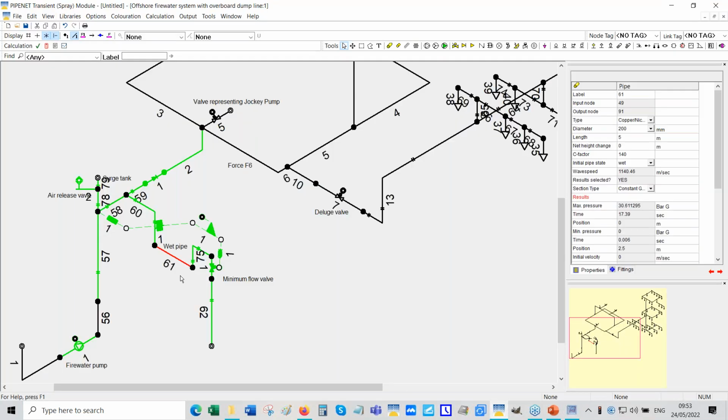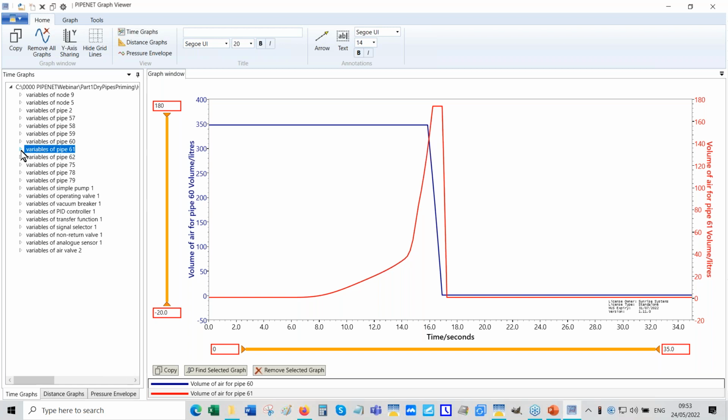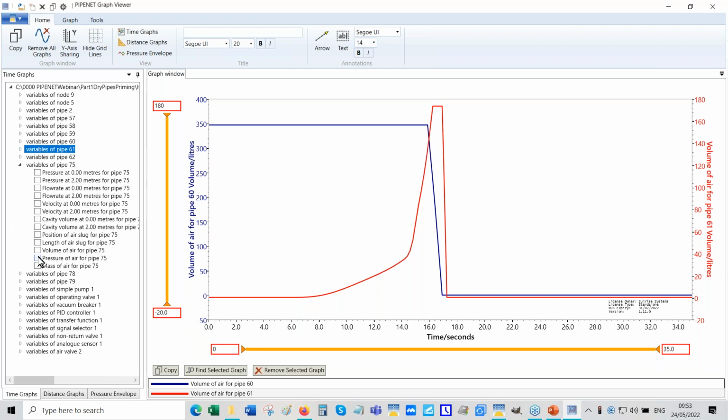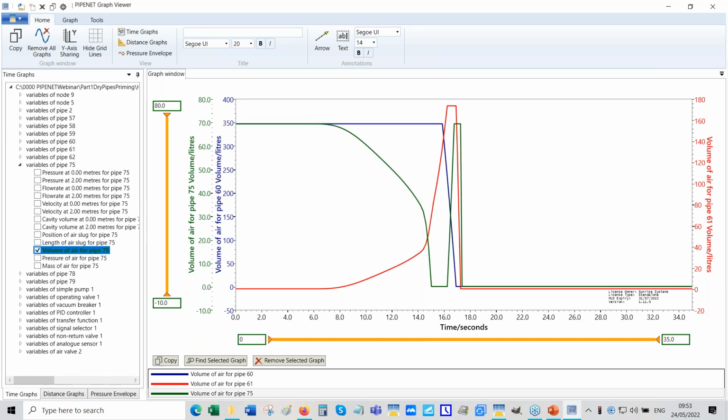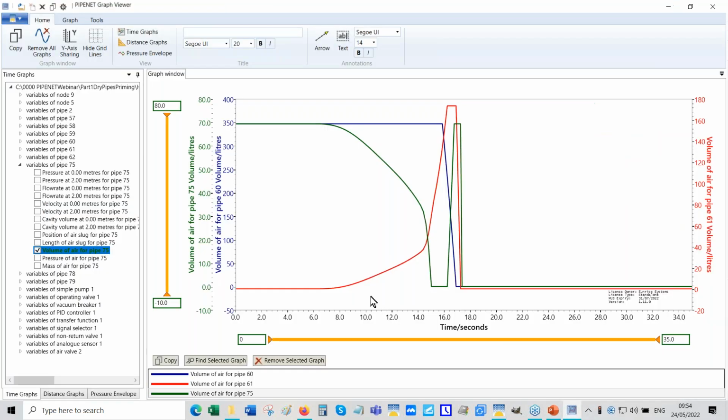And if we look at pipe 75, I think this is a fantastic model. Because pipe 75 starts losing air, because there is water that comes in from here, and that pushes the air out.